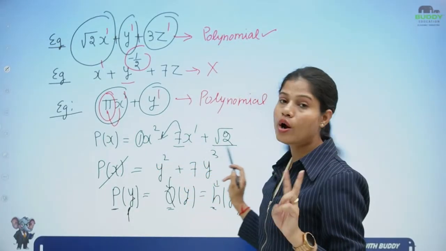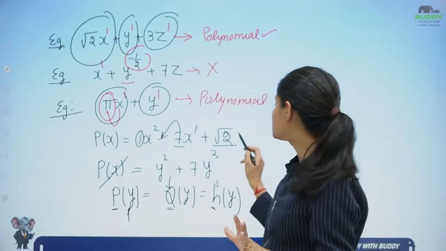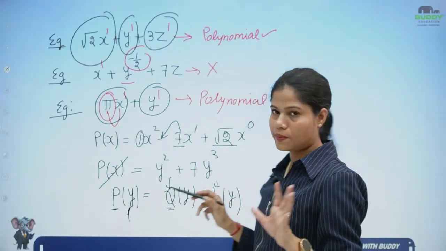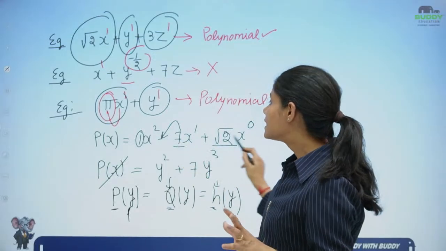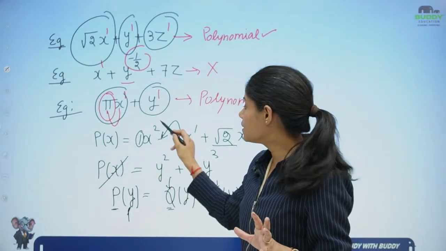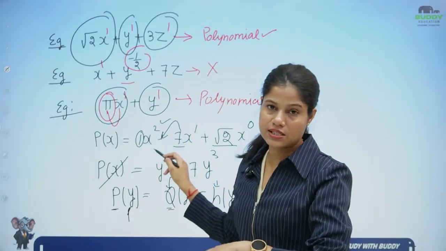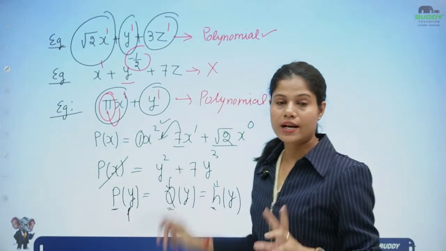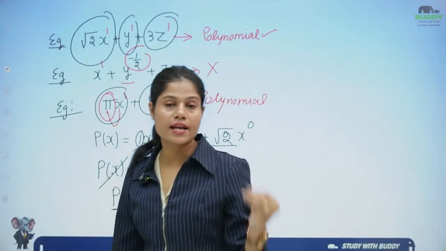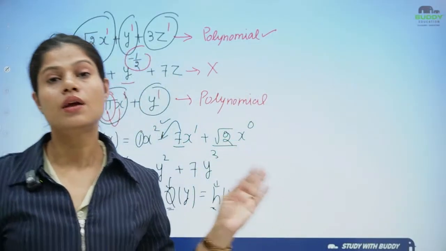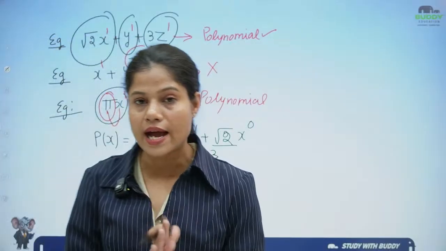This does not have any variable with it, so you can say this is x raised to the power 0. So if you see, the highest power is here, which is 2. So the degree in this case of polynomial will be 2, right? So degree means the highest power of the variable which is occurring in that given polynomial.